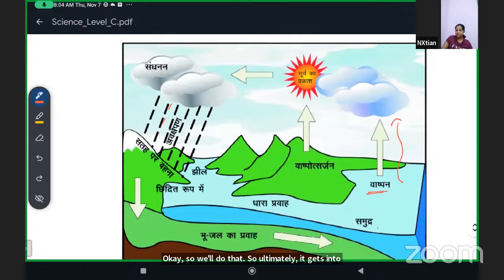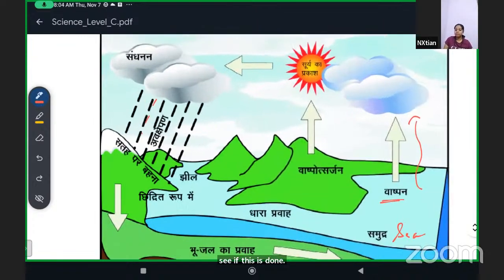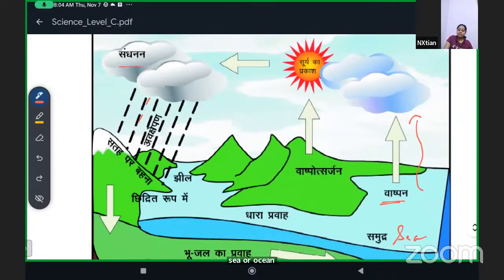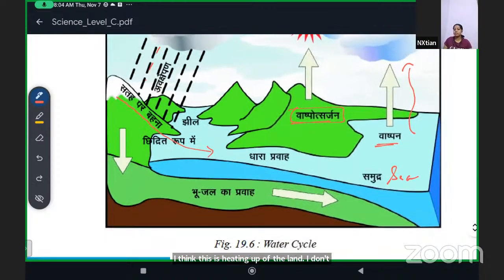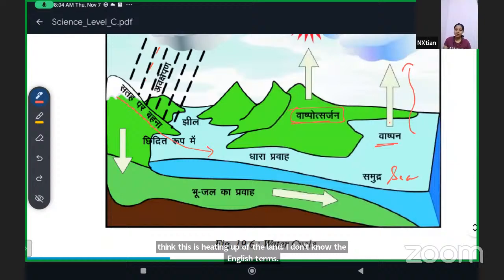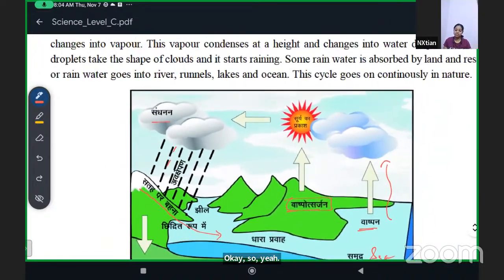This is the sea or ocean, and here condensation is taking place. I think this is heating up of the land. I don't know the Hindi terms. So this is how the water cycle takes place.